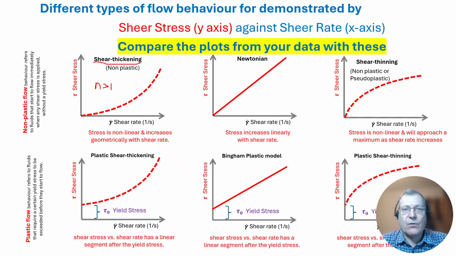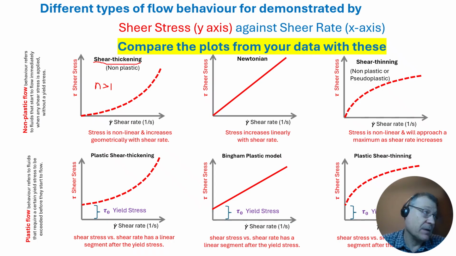Now, when n is greater than 1, for example, n equals 2, the line becomes curved upwards. In this case, the shear stress increases faster than the shear rate. As you shear the material more quickly, it becomes increasingly resistant to flow.